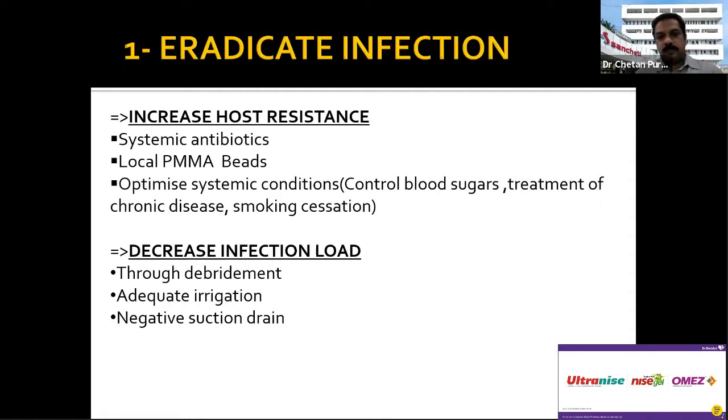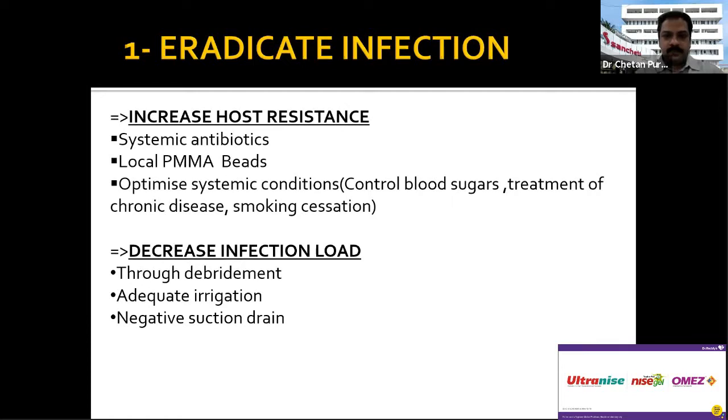So the methods to eradicate infection, firstly, general methods to increase host resistance such as systemic antibiotics, local antibiotic delivery, and to optimize any pre-existing medical conditions such as regularize the blood sugar levels, advise or promote cessation of smoking.